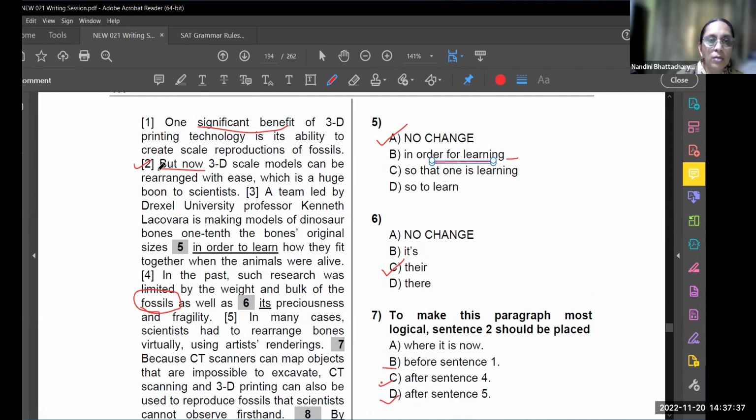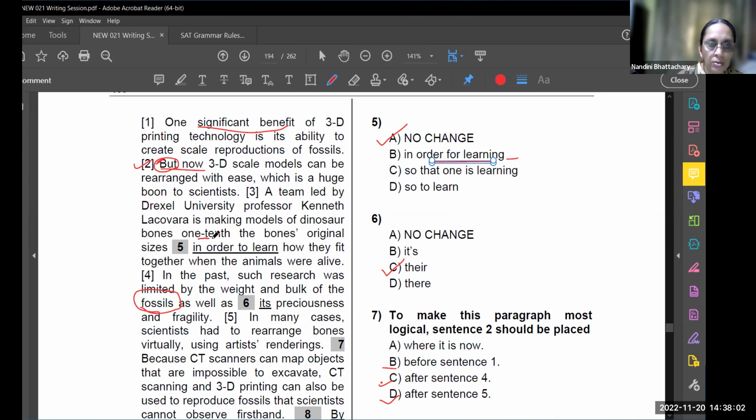If it is talking about but now, there should be something about what happened earlier, because this is setting up a contrast. Okay. Now, number 3 says a team led by Drexel University Professor Kenneth Lacovara is making models of dinosaur bones 1/10 the bones' original sizes.